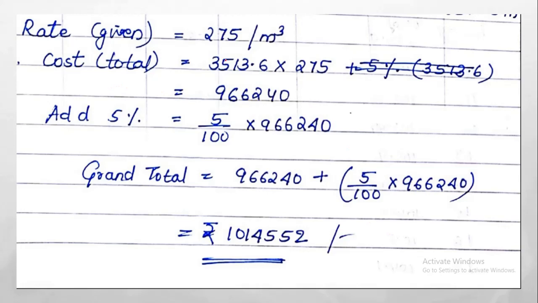Suppose the rate is 275 per meter cube, and we have the quantity as 3513.6. You multiply by the rate to get the cost, add 5% contingencies, and you get the grand total, which is shown here. So this is the usual way of calculating a road estimation problem.